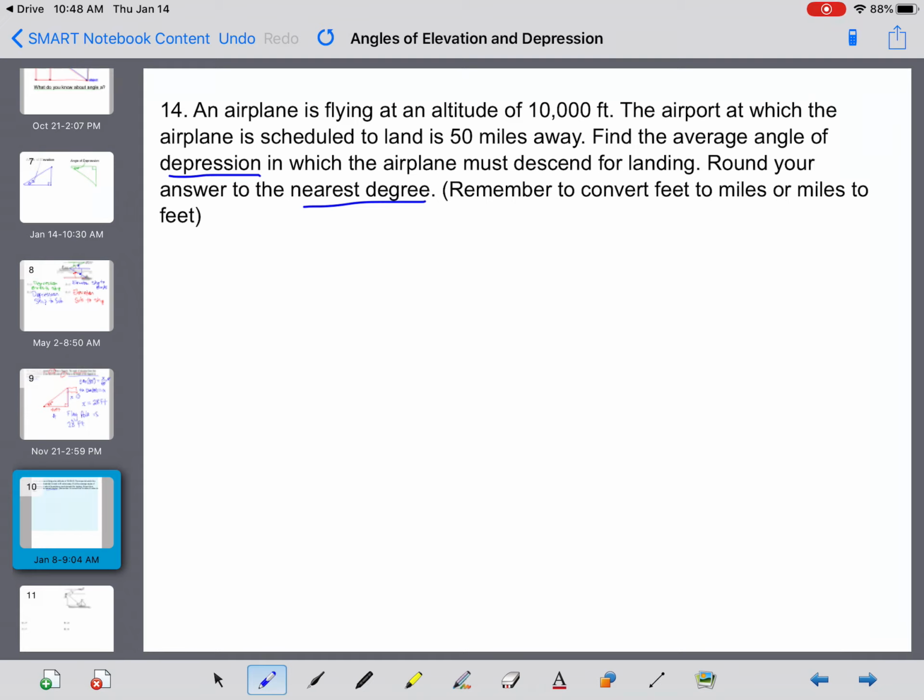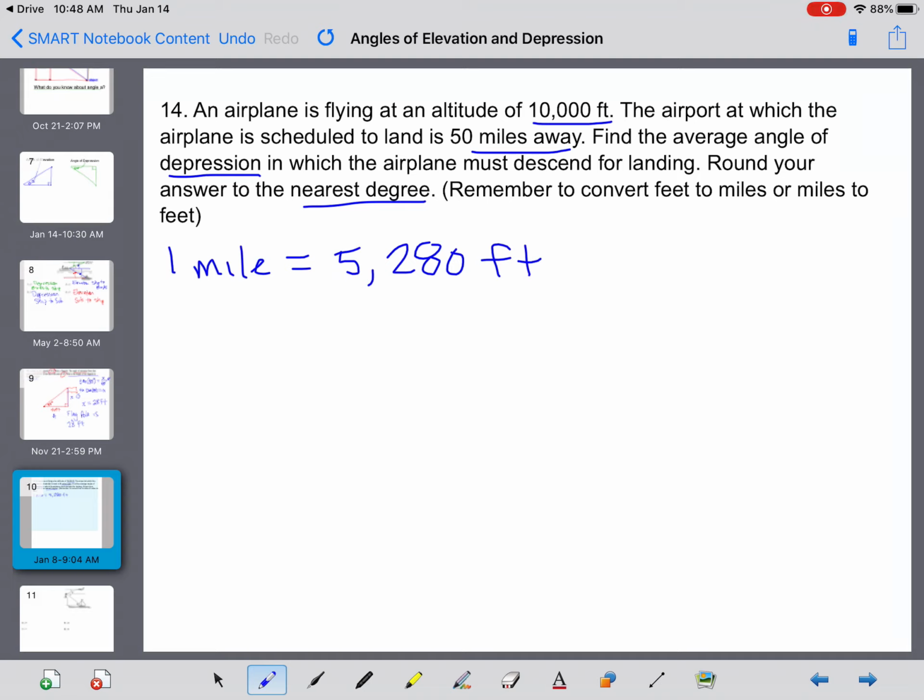So when we have a problem where we have 2 different units, we need to convert them to the same unit. So you can Google this, but you can say how many feet are in a mile. So for 1 mile, there are 5,280 feet.